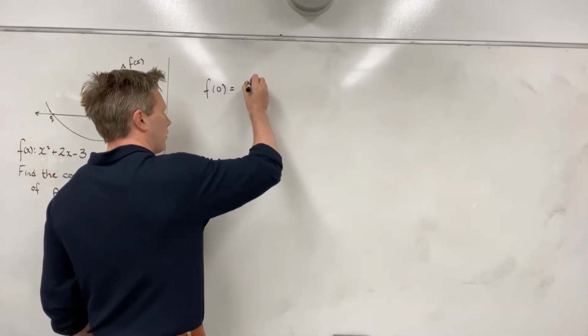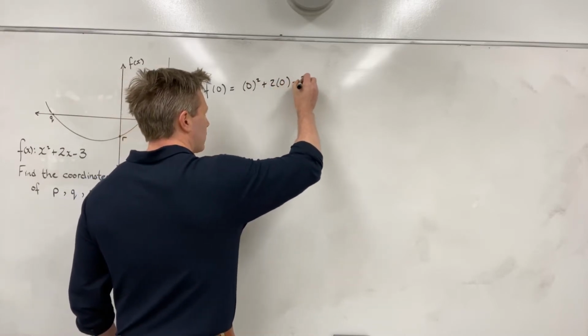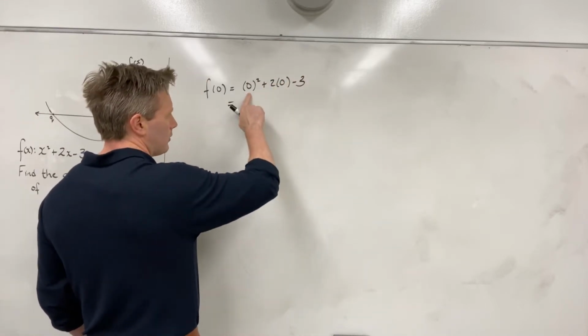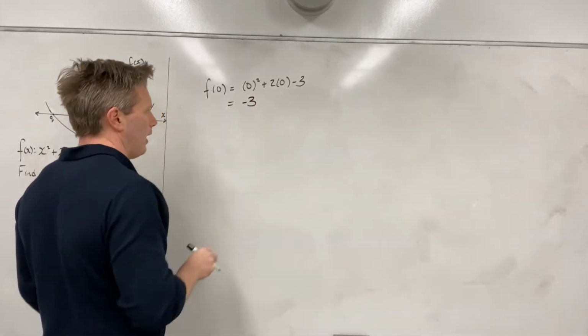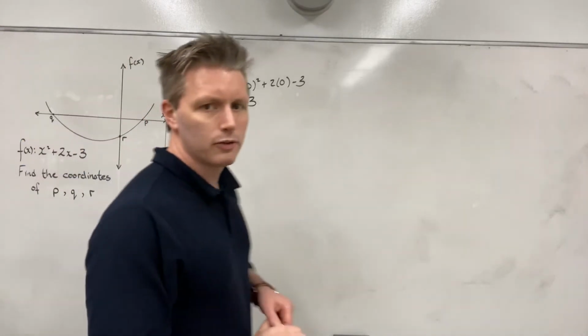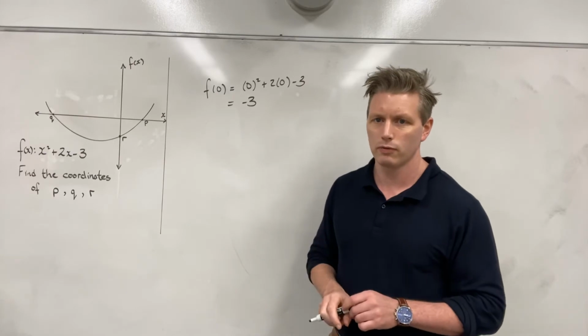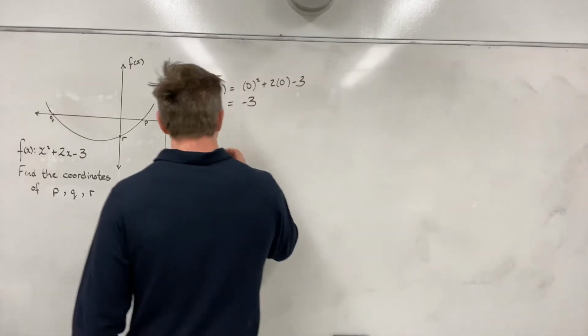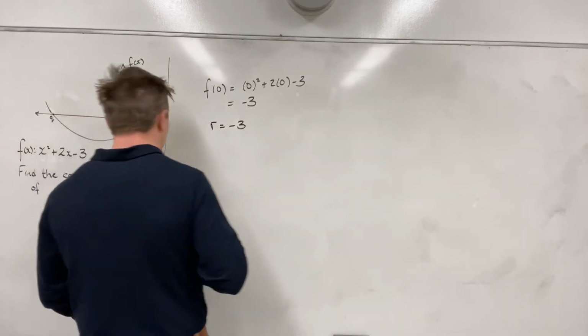So that is 0 plus 0, and I'm left with minus 3. That constant term that I'm left with at the end is my y-intercept. That is my point R. So pretty straightforward, R is equal to negative 3.